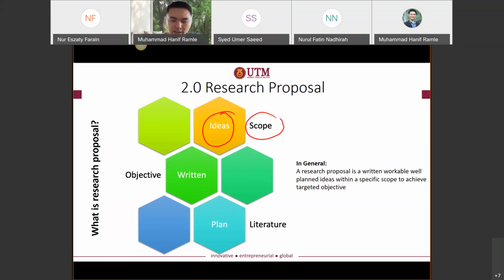And of course objective is another one; from the idea, you have to develop objectives. Basically for master and PhD, normally we ask students to provide at least two objectives. Normally for PhD three or more, master two or three, or maybe more. It depends on the scope and the supervisor.